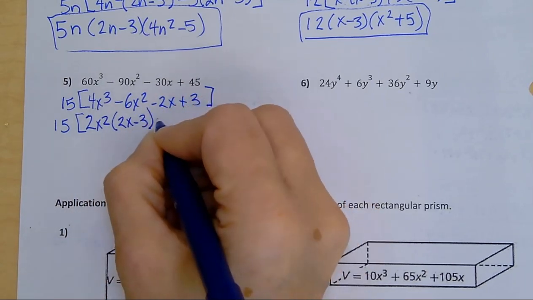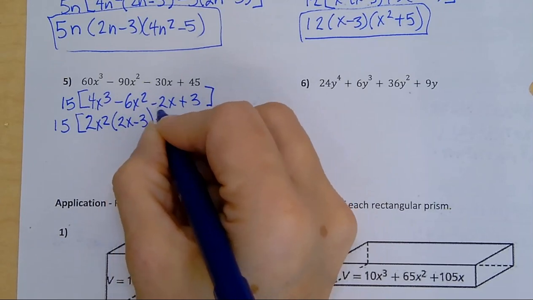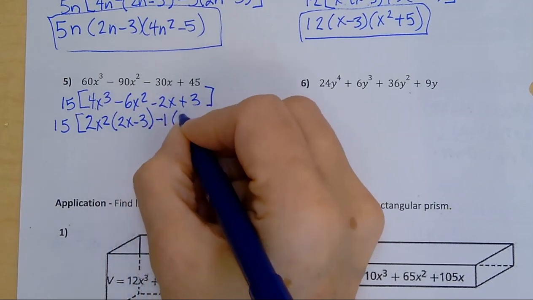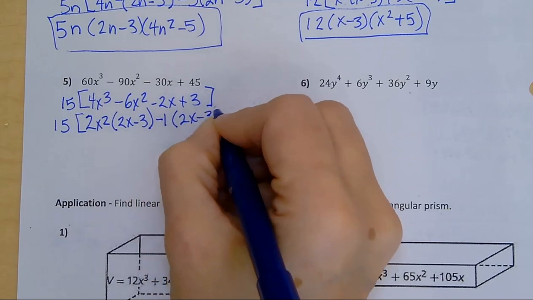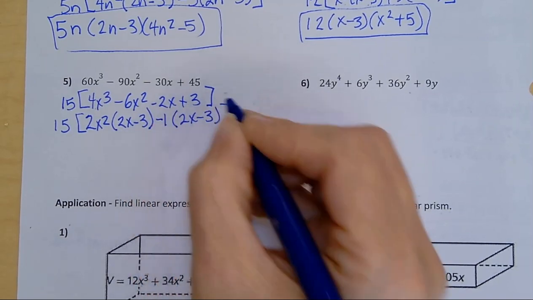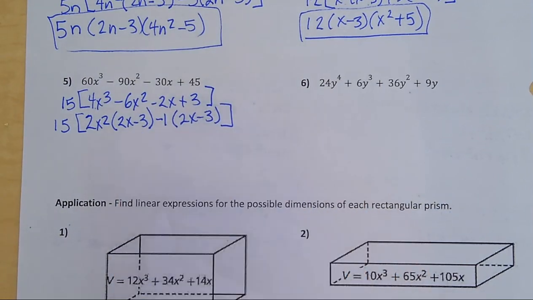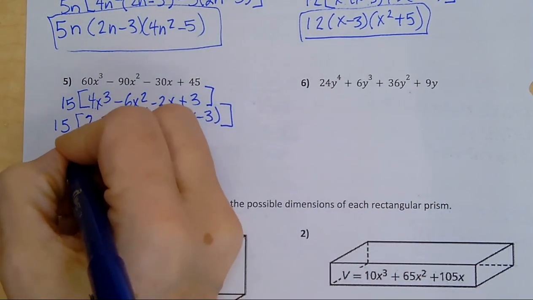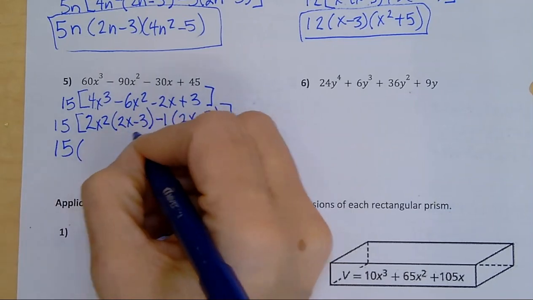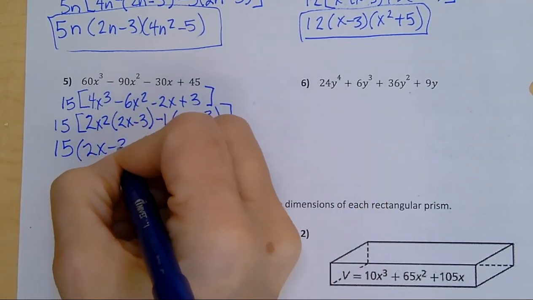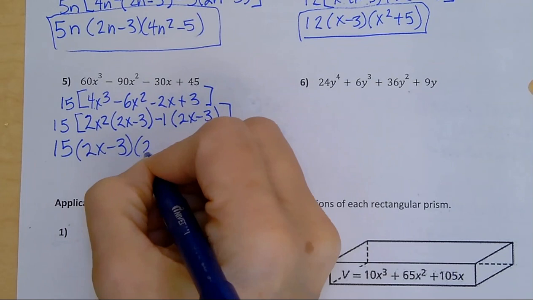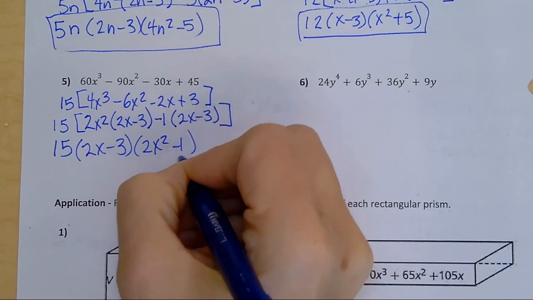I'm going to just take out -1. I want to take out -1 because that leaves me with 2x minus 3, and so I now have matching binomials. Okay, I had to make a decision there for a moment about whether I was going to take out -1 or +1. I took out -1 so that I have matching binomials. Keep that 15 on the outside, pull those 2x minus 3's, and you're left with 2x squared minus 1.